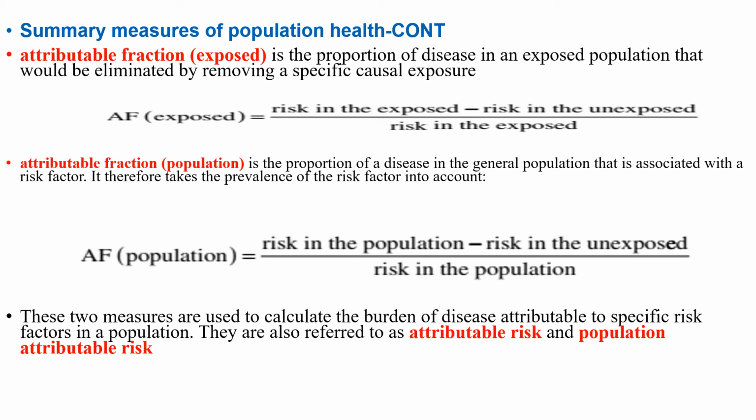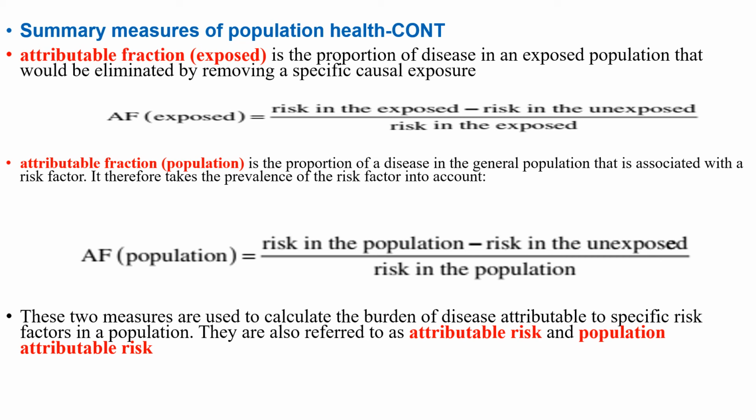So it equals risk in the exposed minus risk in the unexposed divided by risk in the exposed. Attributable fraction, population, is the proportion of disease in the general population that is associated with a risk factor. It therefore takes the prevalence of the risk factor into account.